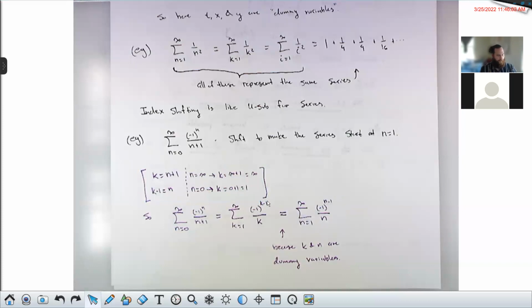Okay. So I'm going to tackle a problem now that is very similar to one in your homework. And after we find the desired power series, I'm going to index shift it to make it start back at 0. I'm going to go ahead and turn the page.